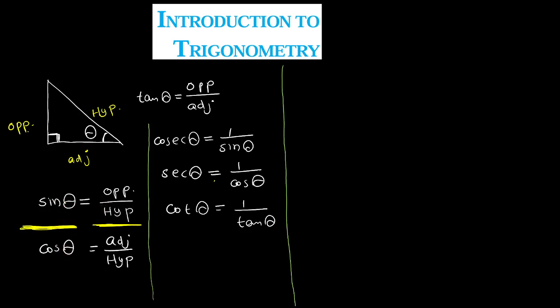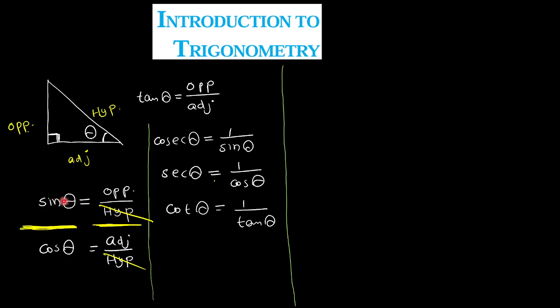If you take the ratio on the right side, it is clear that the hypotenuse cancels. You will be getting opposite by adjacent. Sin theta by cos theta will be opposite by adjacent. Opposite by adjacent is actually tan theta. Proof is not important, that is why I don't want to write it.